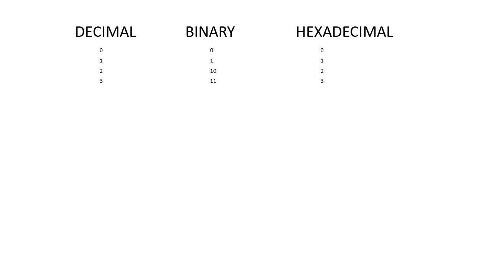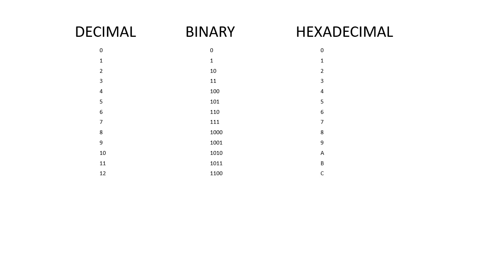I'm going to skip forward a little bit, and what you're going to notice is because hex and decimal share the same 9 digits, there's no change until we hit the value of 10. So 10 in decimal is 1010 in binary and A in hexadecimal.